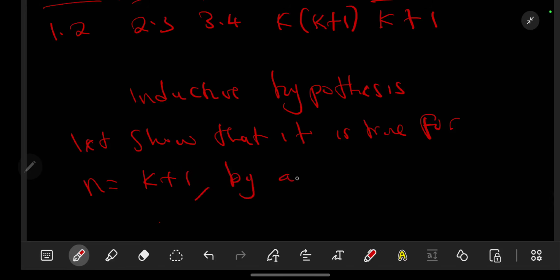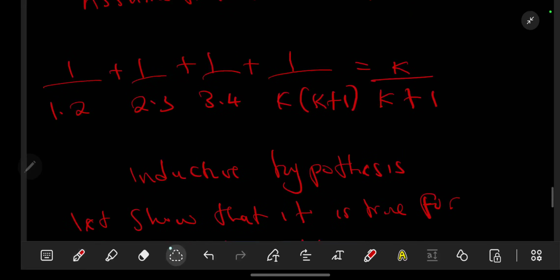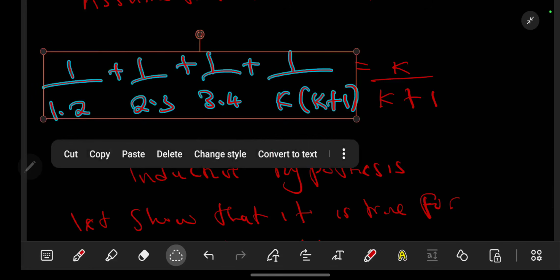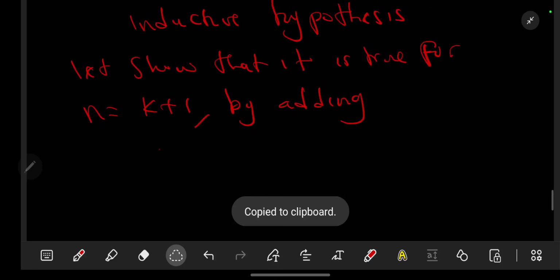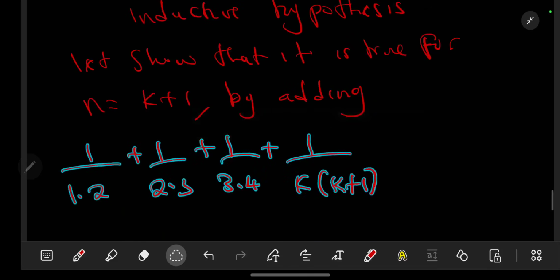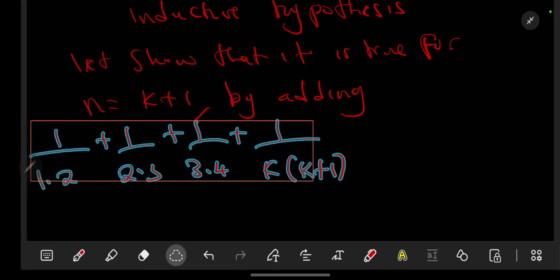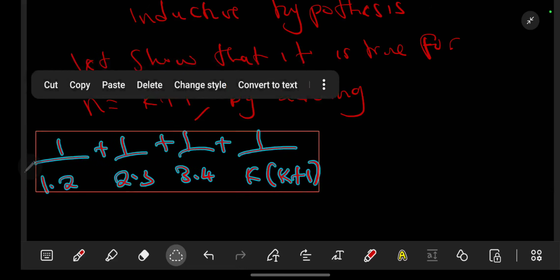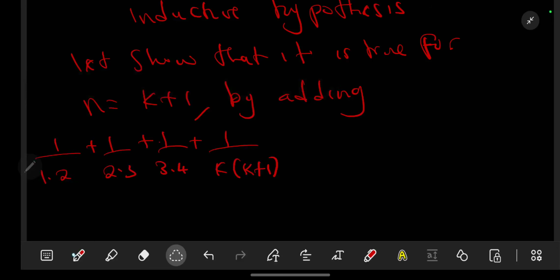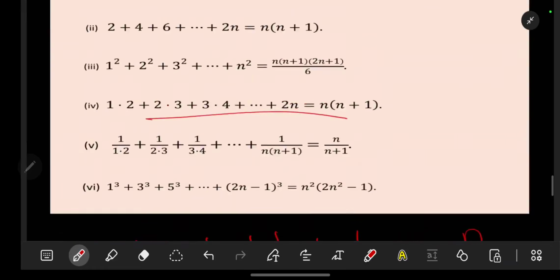So this is done by adding. That means if we write this first, after we write this, we add an extra number now. So we are going to make it a bit small. Then we add plus 1 over, where there is n. Remember, we are taking from the original equation.